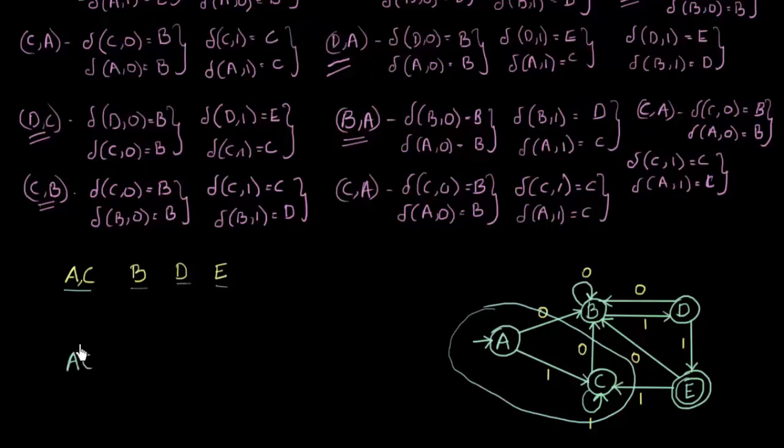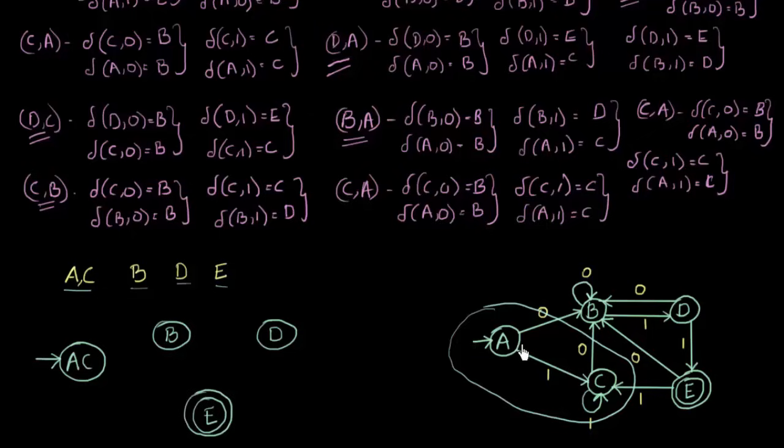AC is a single state as we got, and AC will be the initial state. Why? Because A was the starting state in the original DFA. Then we have a state called B, let B be here, and then we have another state D over here, and then we have E over here. E was the final state, so E will remain the final state even in this one. And then how do we make the transitions?